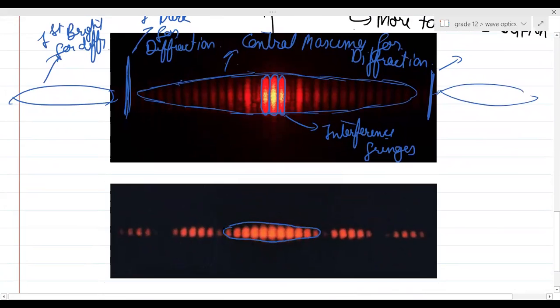This is the central bright, then the first bright, the second bright. Can you see the intensity is keeping on decreasing? The full set which we made is for diffraction. The full set is basically for diffraction. That is the central maxima which we talk about.